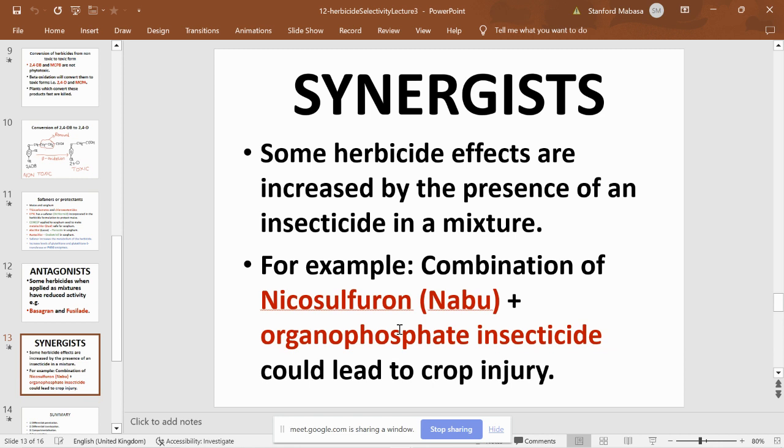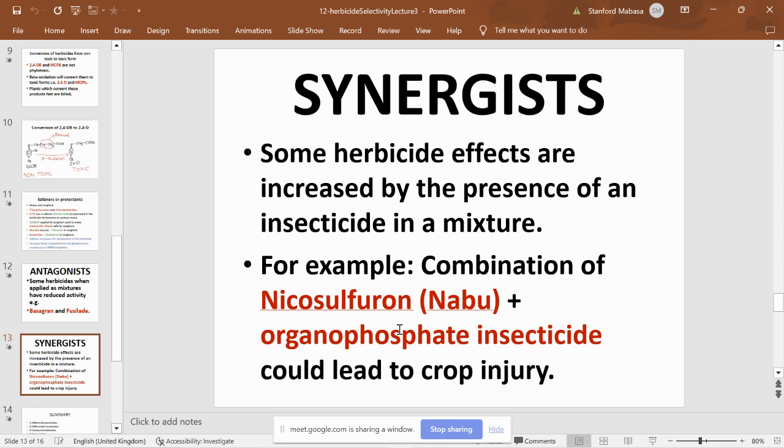Synergists, these are chemicals. If you mix them, for example, nicosulfuron, if it is mixed with an organophosphate insecticide, or probably the tank has not been cleaned after use of an organophosphate, it can lead to injury of crops.